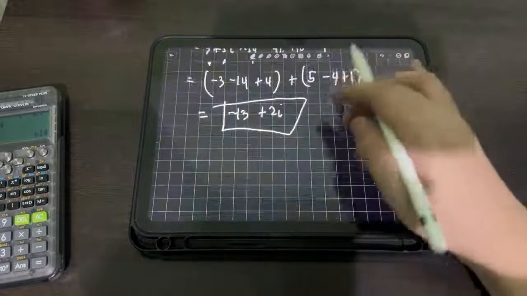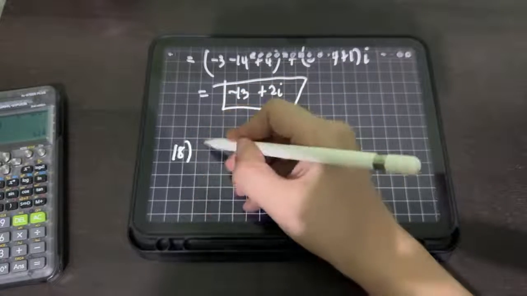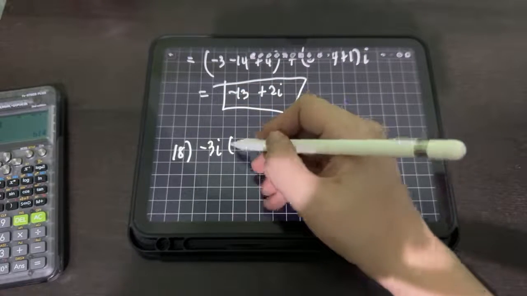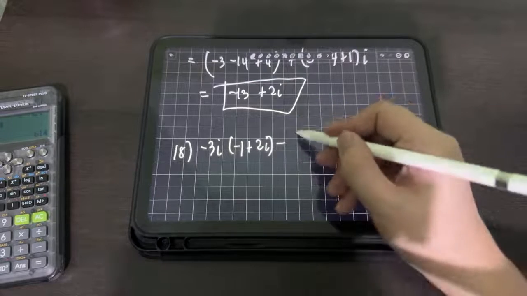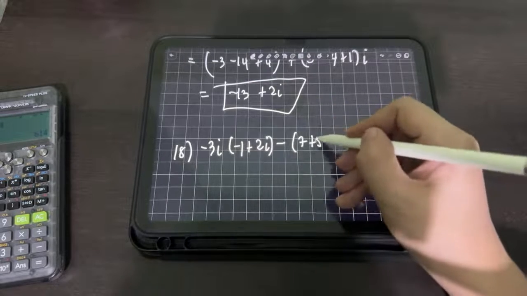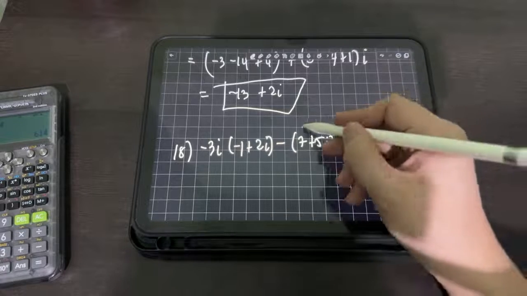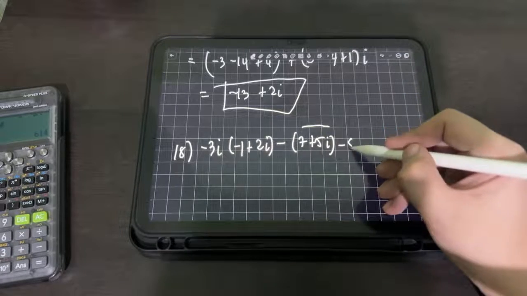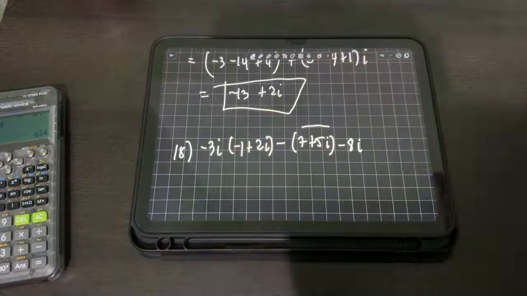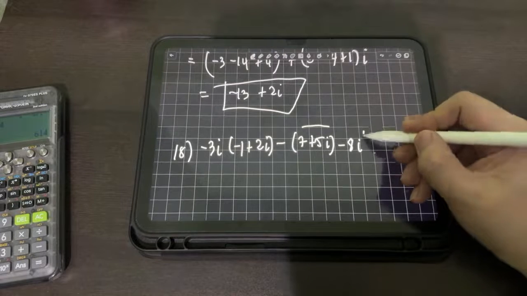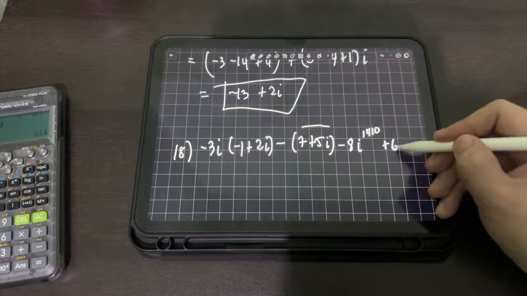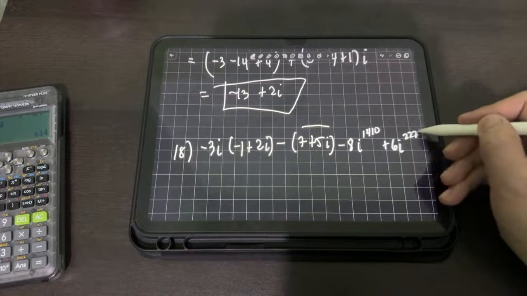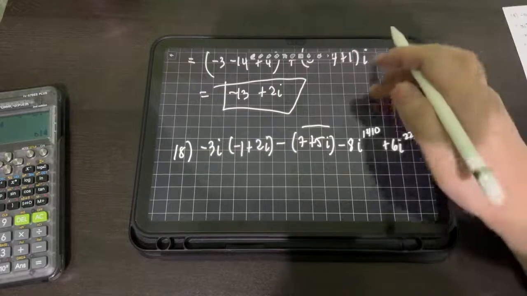Okay, next, 17, 18. Okay, negative 3i times negative 1 plus 2i minus the conjugate of 7 plus 5i minus 8i, raised to 1410, plus 6i raised to 2277.